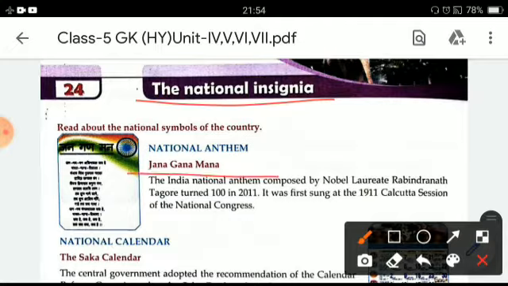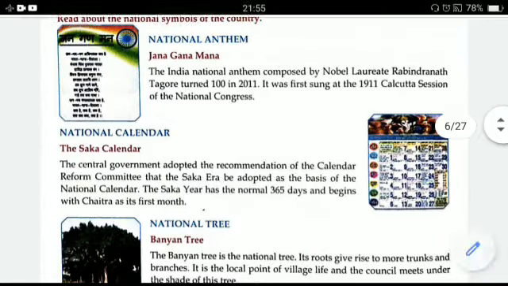The Indian national anthem, composed by Nobel laureate Rabindranath Tagore, turned 100 in 2011. It was first sung at the 1911 Kolkata session of the National Congress. Our national anthem, Jana Gana Mana.